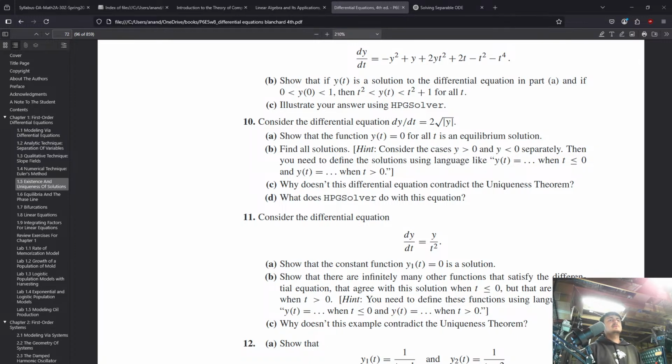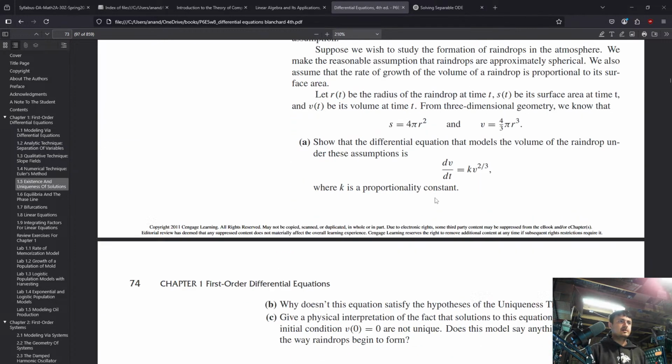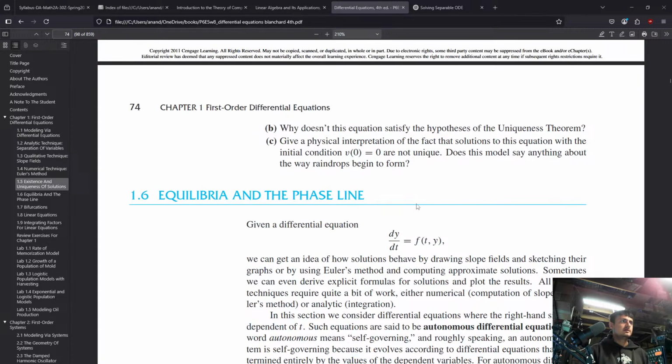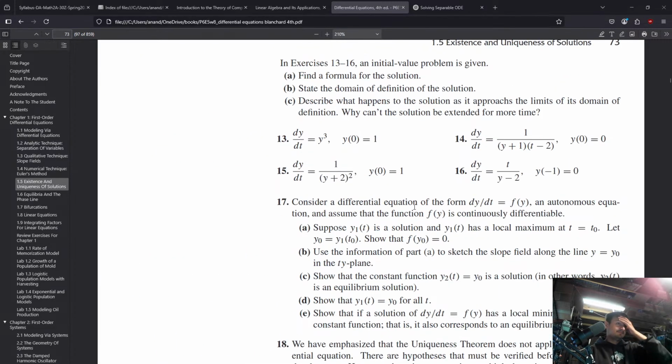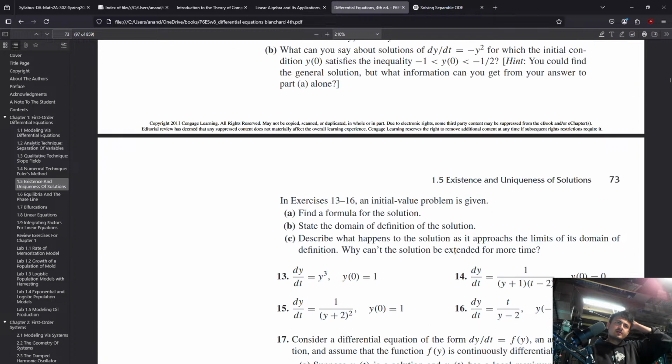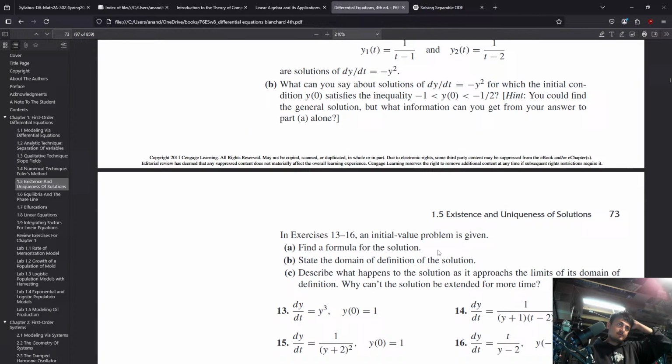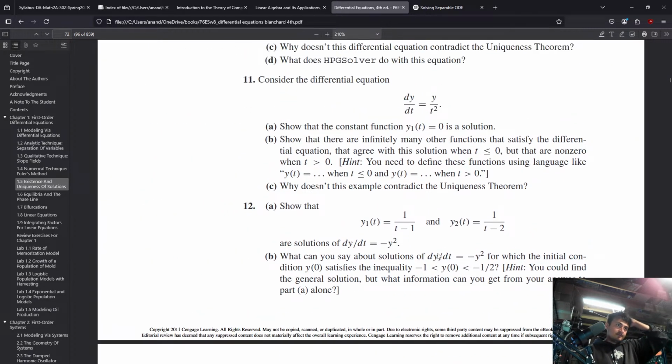All right. So this one is actually really interesting. Let's see. How many are there in this thing? 18. Okay. I did 17 in class, but I want to go over it a little bit more.